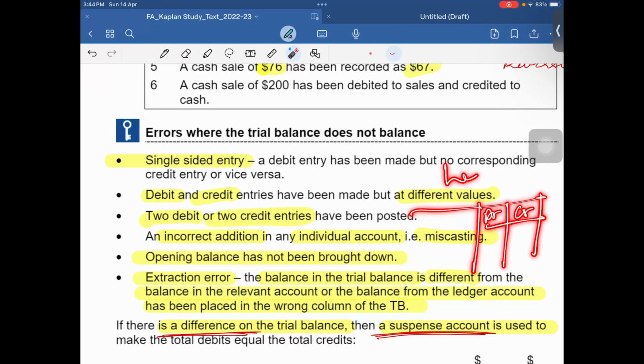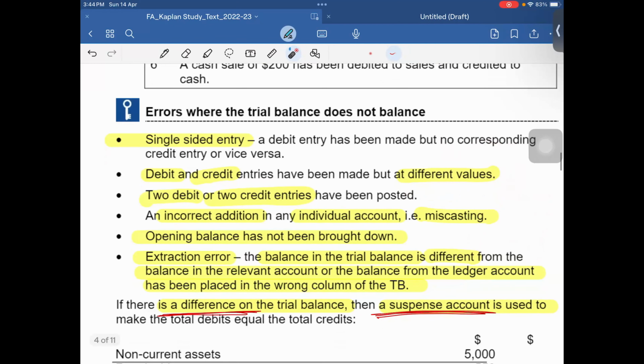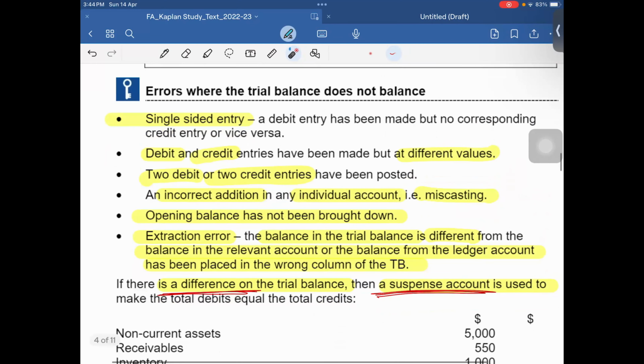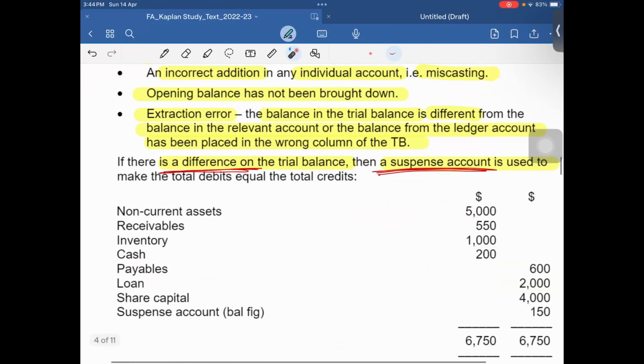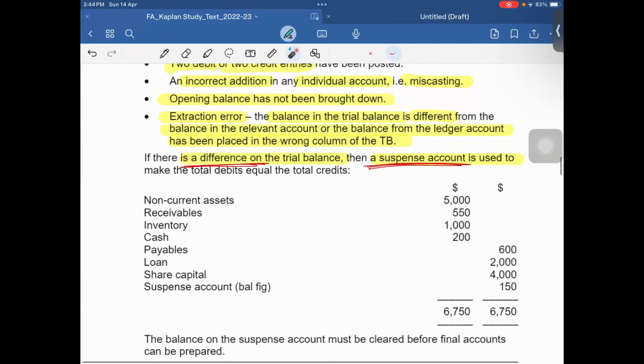So while we were taking from the ledger account, you have taken a debit balance over the credit side. That is an extraction error. While you were extracting your ledger balance to the trial balance, you have taken it on the wrong side. So in this case, there would be a difference in balance, right?